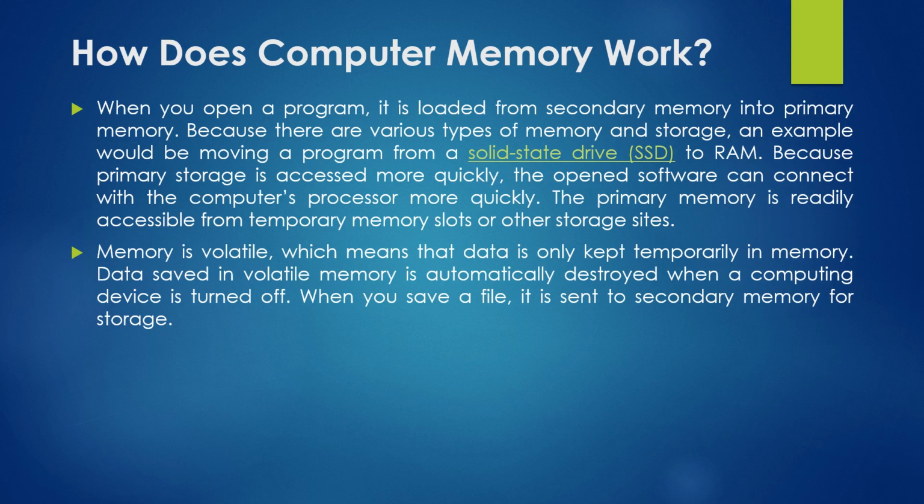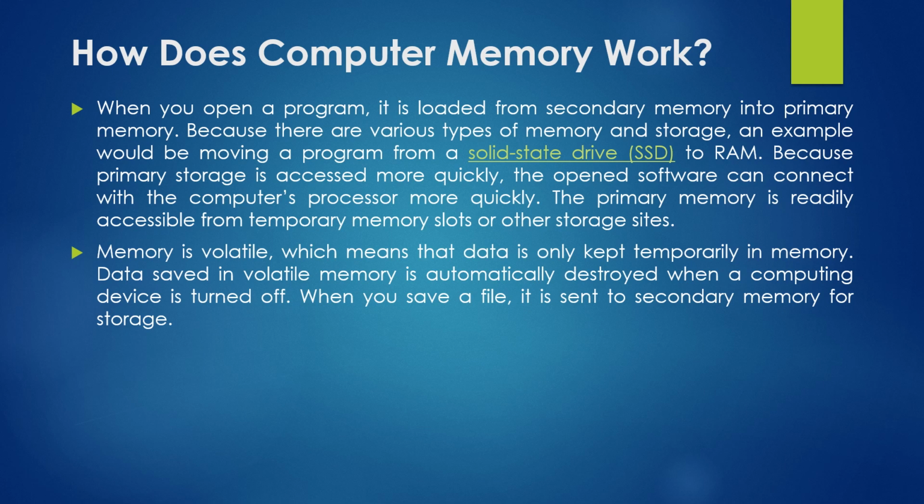How does computer memory work? When you open a program, it is loaded from secondary memory into primary memory, because there are various types of memory and storage. An example would be moving a program from a solid state drive, that is SSD, to RAM. Because primary storage is accessed more quickly, the open software can connect with the computer's processor more quickly.